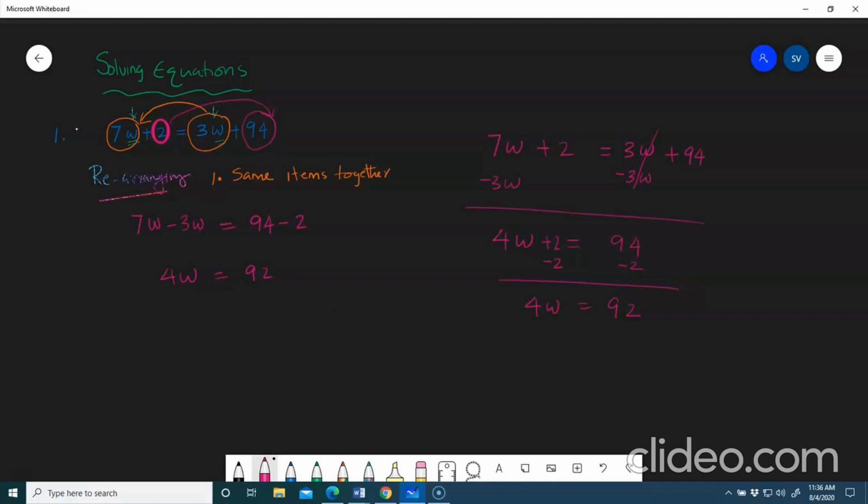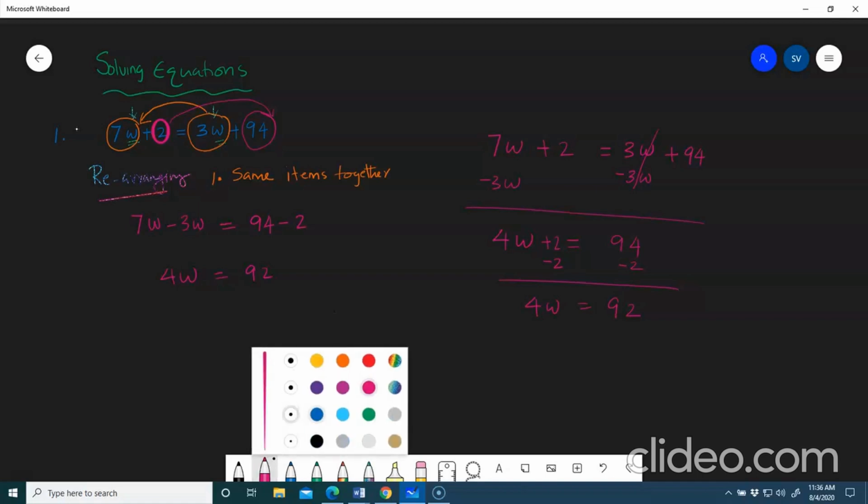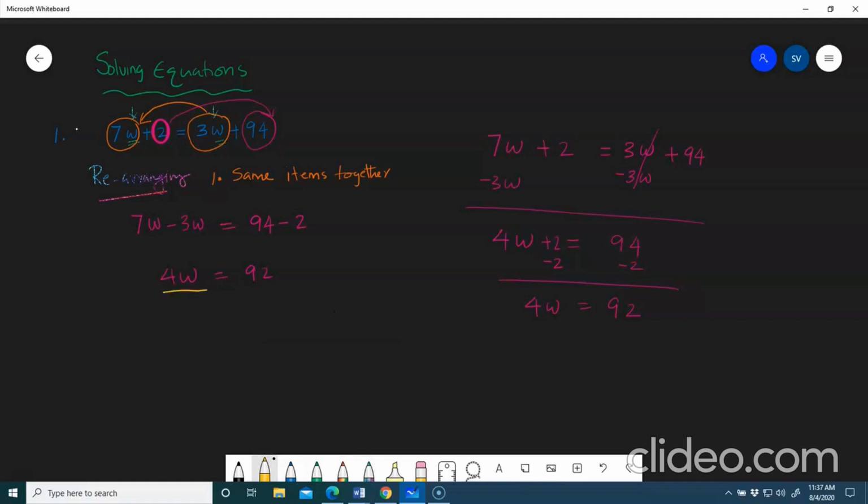Okay, so I'm trying to solve this equation. Eliminate 4 by dividing both sides by 4.